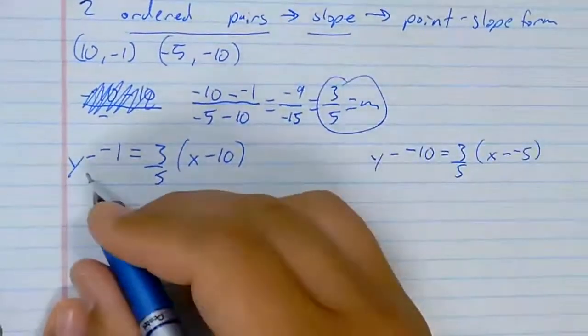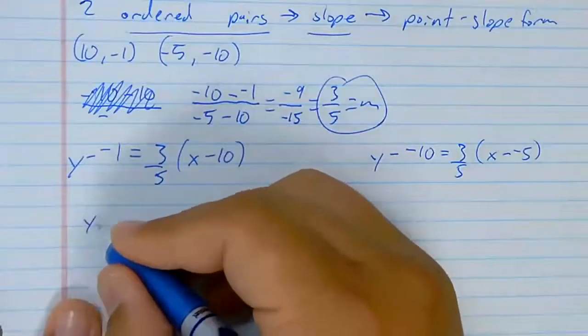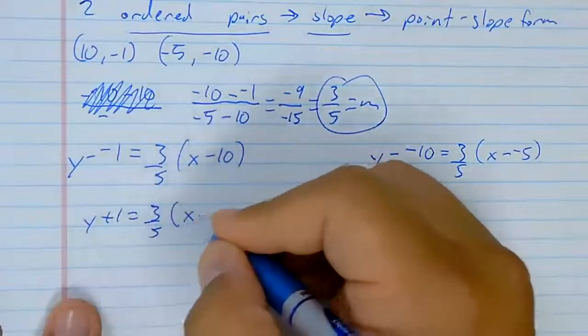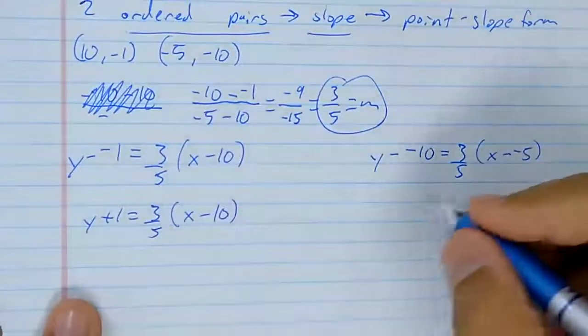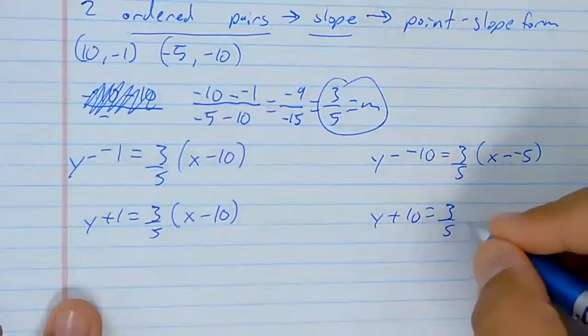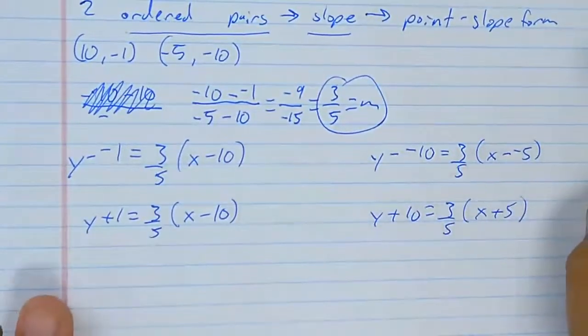I'm going to rewrite both these equations now, replacing these double minuses with plus. This is y plus 1 equals 3 over 5 times x minus 10. This is y plus 10 equals 3 over 5 times x plus 5.